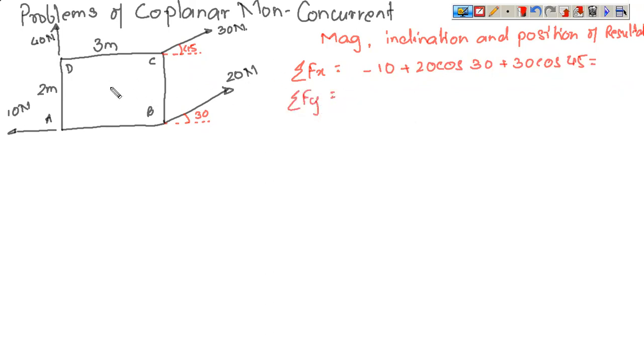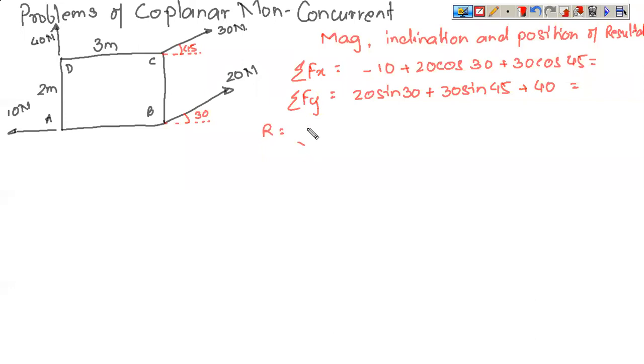Fy will be, this one won't contribute to fy. Here you will have 20 sine 30 plus 30 sine 45, and you have 40 here. So you will find out the value of sigma fx and sigma fy.